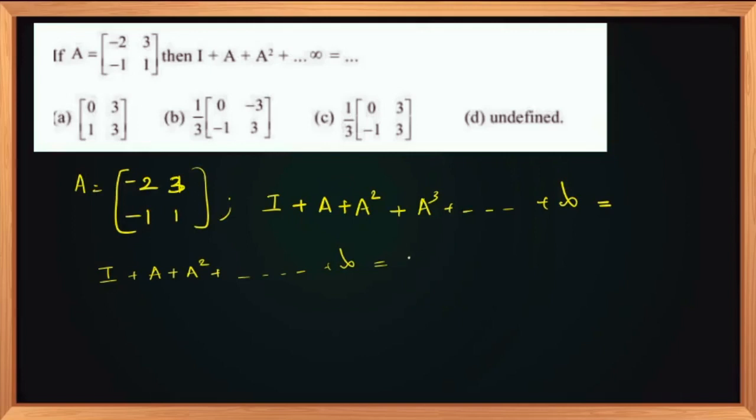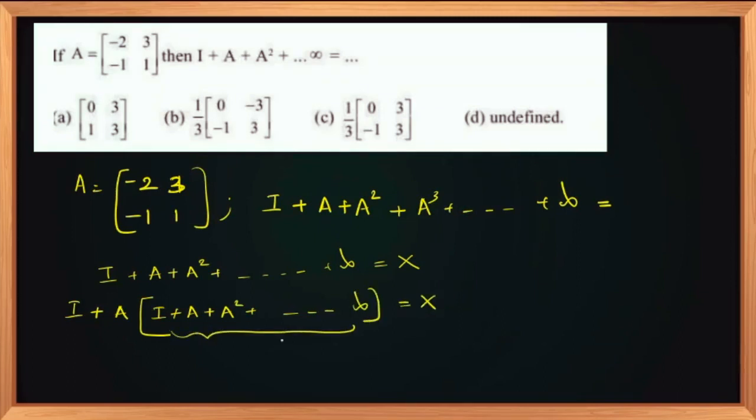Okay, I'm considering that matrix as X. Now if I take out A from each term here, that will be again I plus A square plus etc. up to infinity, right? That is equal to X. So what can you replace this with? I plus A times, what is this?